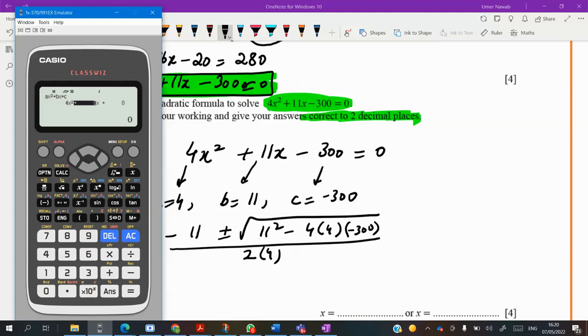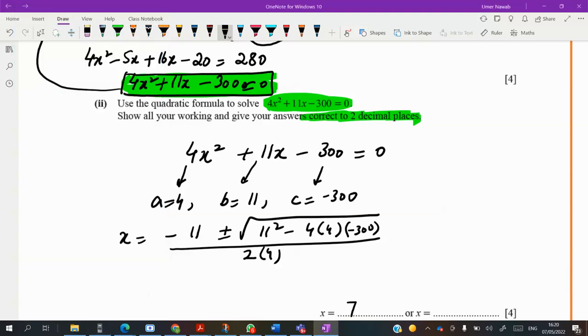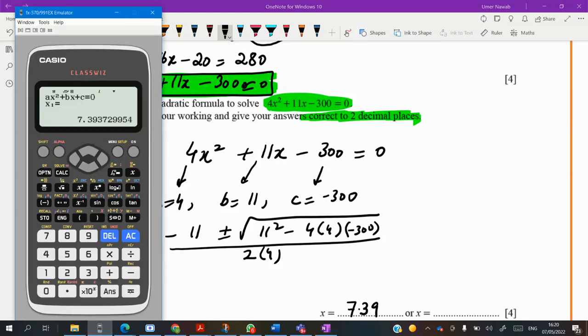Enter 4, enter 11, and enter minus 300. So I got 7.39 to two decimal places, and I also got minus 10.14.